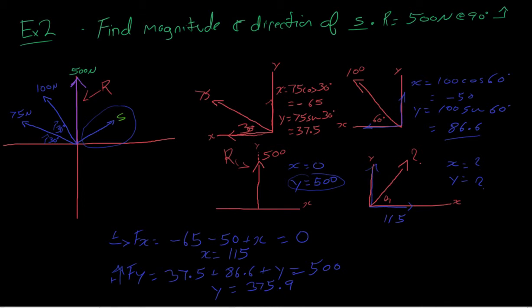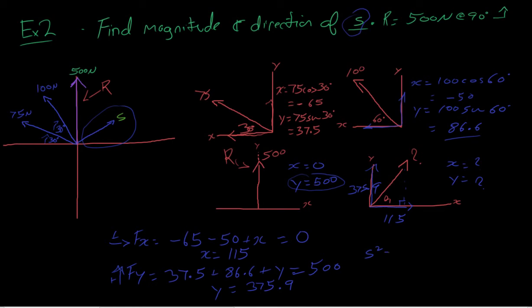So we just found the components of this unknown force. Well, we found the x and we found the y. The y is 375.9. We found the components, we still don't know the magnitude. So we would apply Pythagorean theorem. Remember, it's a right angle triangle. So we just apply Pythagoras theorem, which is s squared, because I'm going to call this s because that's the one we're trying to find out.